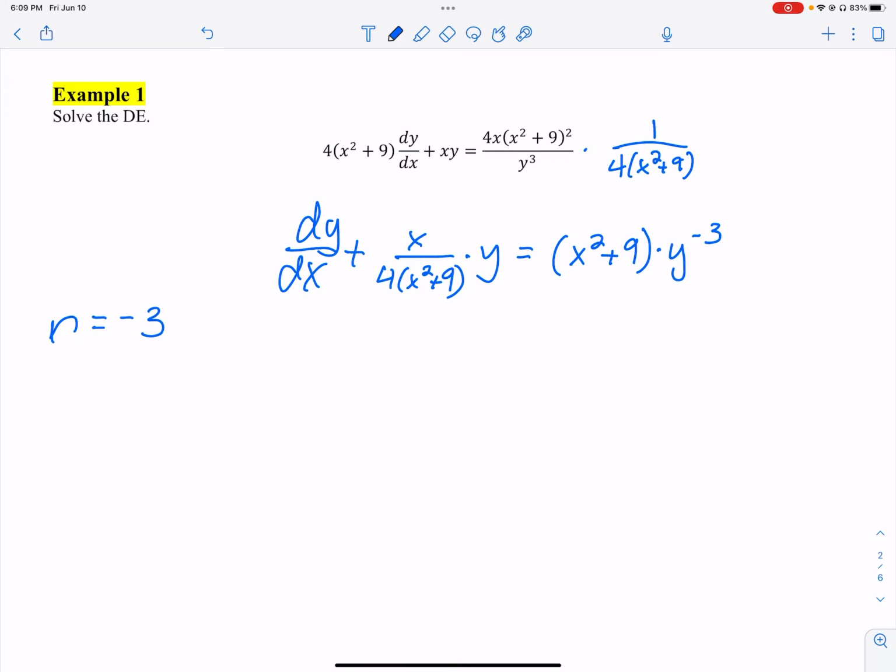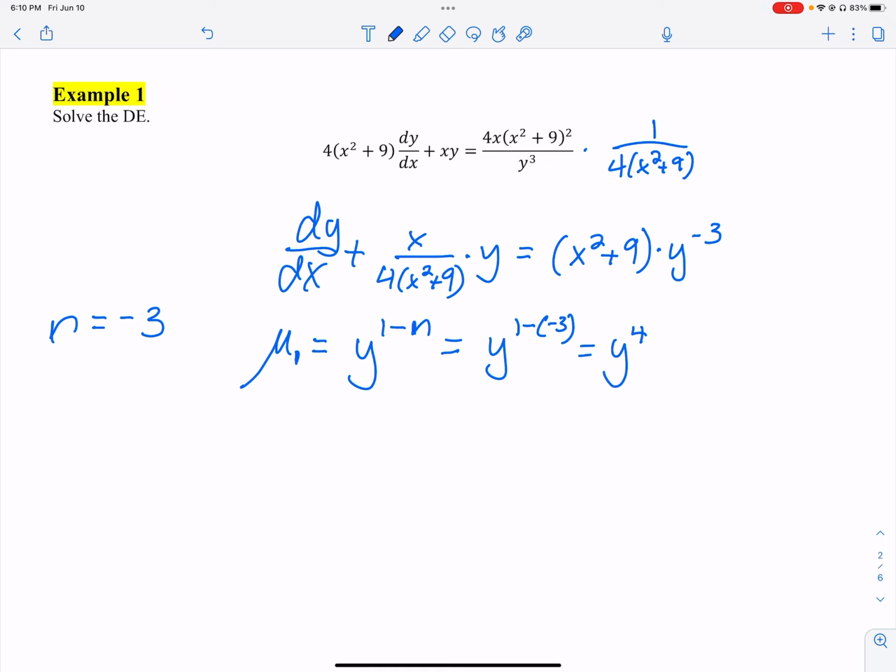Here's the first formula that we're going to use. We'll call this mu1, because we're going to have another mu later, mu2. So mu1 equals y to the 1 minus n. With n being negative 3, we get y to the 1 minus negative 3, which tells me it's y to the 4th.